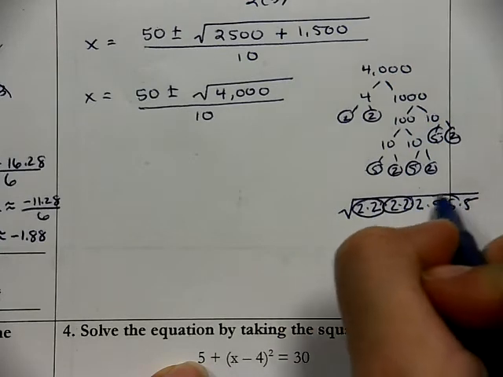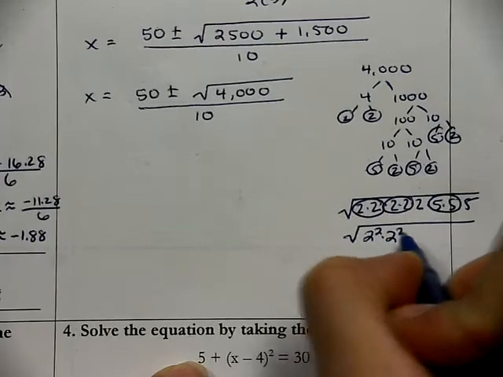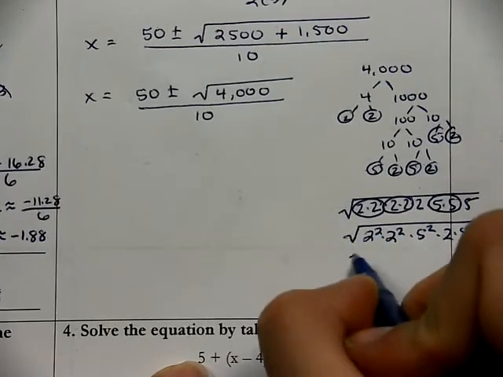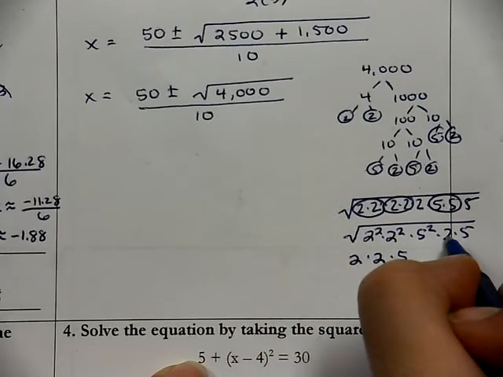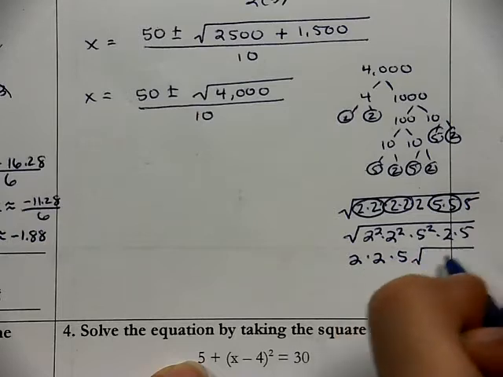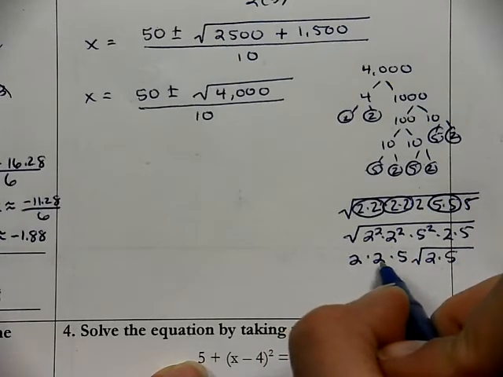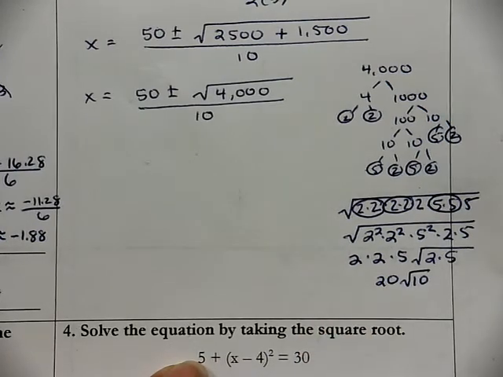So we're going to have the square root of, I'll write my perfect squares first. And then we got these leftovers. Well, the square root of 2 squared is 2, square root of 2 squared is 2, square root of 5 squared is 5. Square root of 2, that's irrational, so that's going to stay under the radical, and same with the 5. So now 2 times 2 is 4, 4 times 5 is 20, root 10.